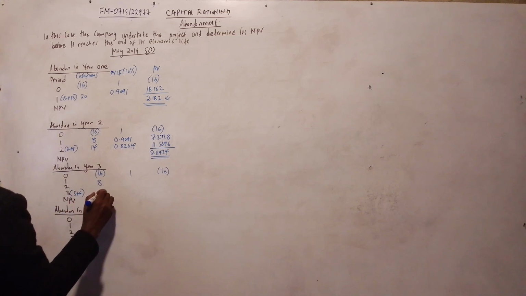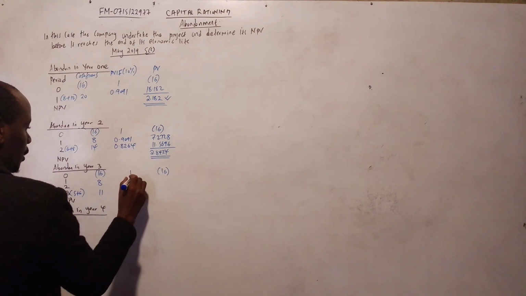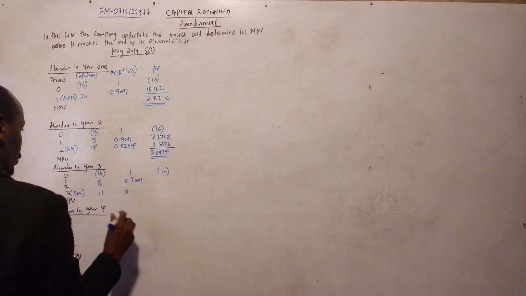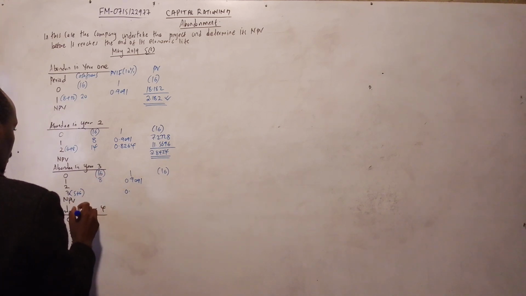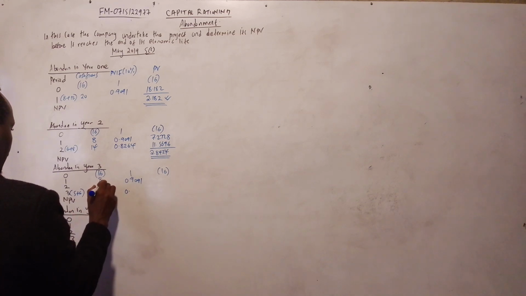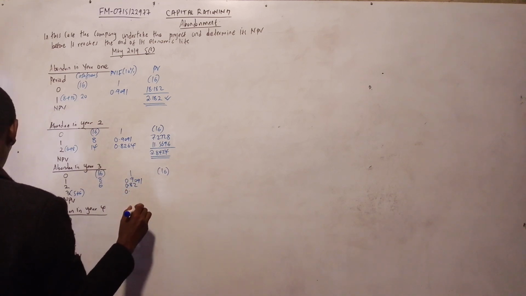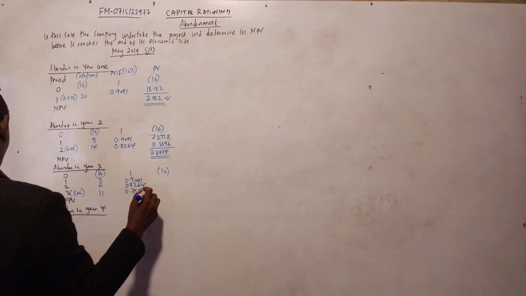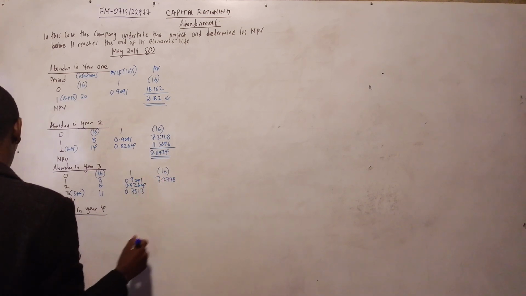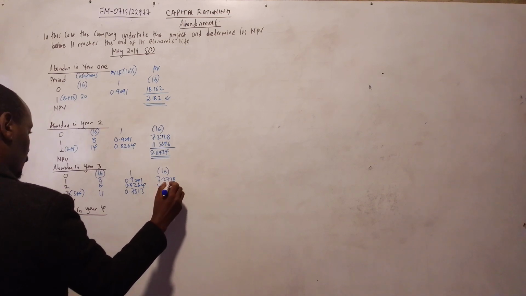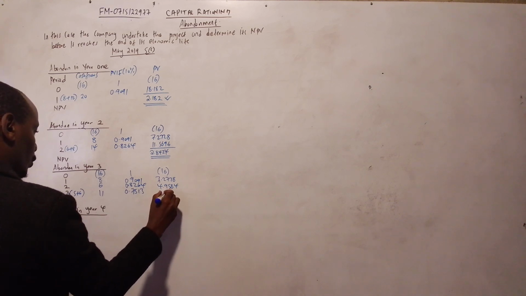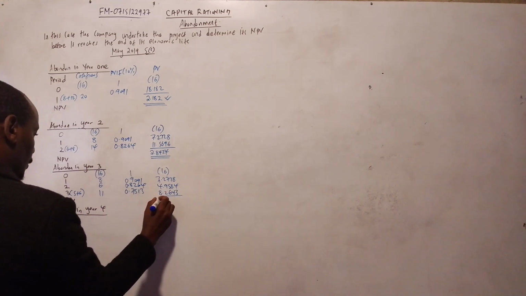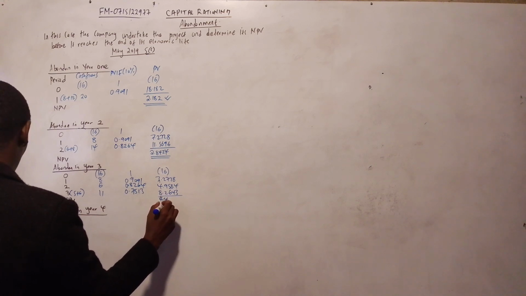So as usual, 0.9091, then 0.8264, then 0.7513. This gives us 7.2728, 4.9584 and 8.2643. Then when you add it, our NPV is 4.4955. That's our NPV.